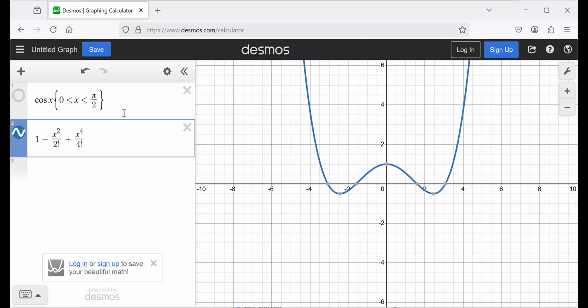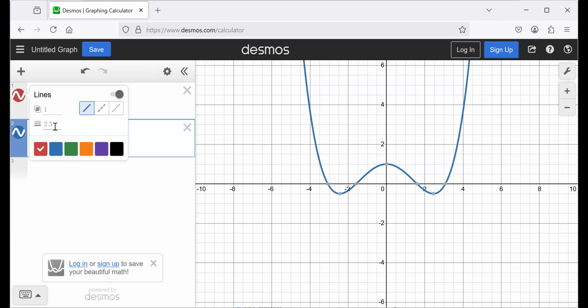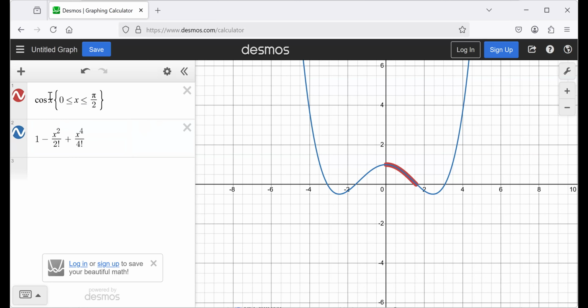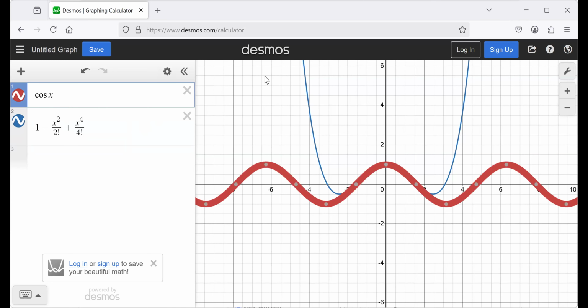Power series, notice, so that sort of poses a rhetorical question. I'm going to increase the thickness of this line so that we can still see it.